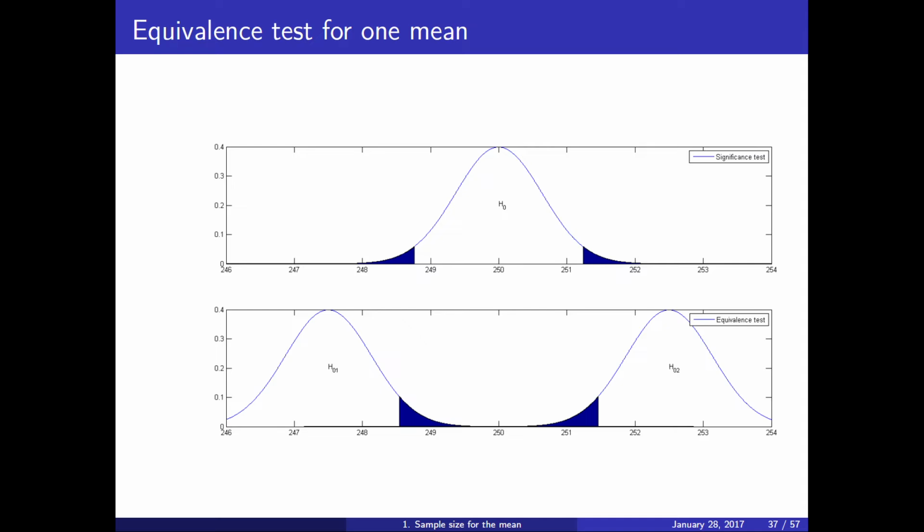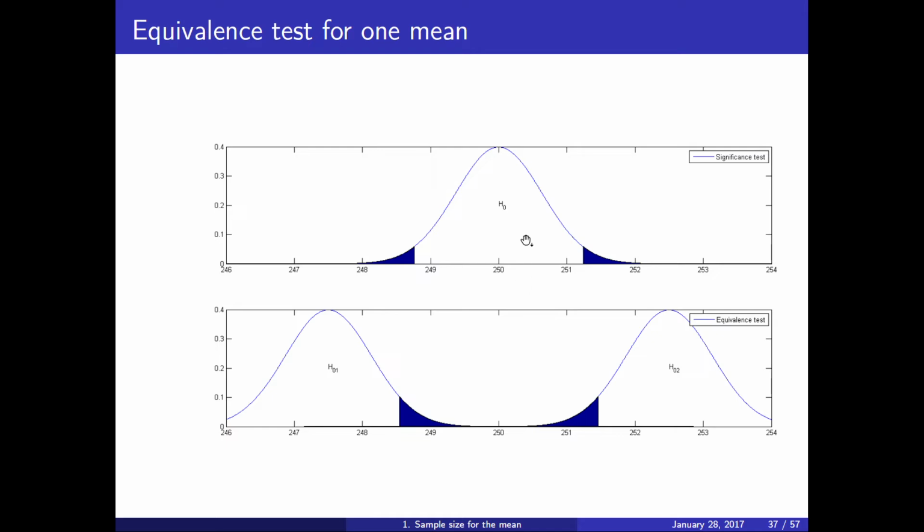So in the significance test, that is the one that we typically do in biomedical research, the mean, for instance, this is the example of the tablets, the engineer had to stop the machine if the machine was not working correctly. So the null hypothesis is that it is working correctly, so the mean should be 250.